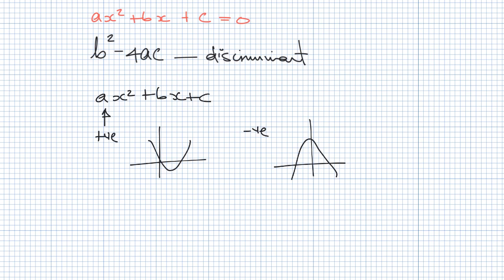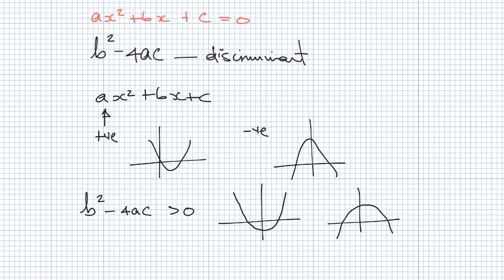However, based on the numbers you've got, let's rewrite the discriminant. If the discriminant is greater than 0, thereby making it a positive number, then it means that the graph will look like that. Or it could look like that.